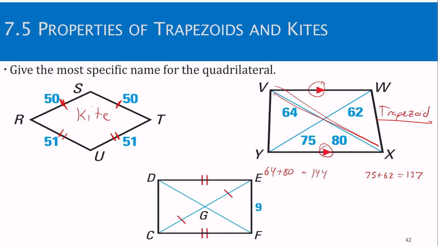I don't know that the diagonals bisect each other. I know nothing about the angles. So let's eliminate parallelograms. It's not a trapezoid because I don't know any parallel sides. And it's not a kite because the consecutive sides would be congruent for a kite. This is the one pair of opposite sides. So I can't show it's anything other than a quadrilateral.